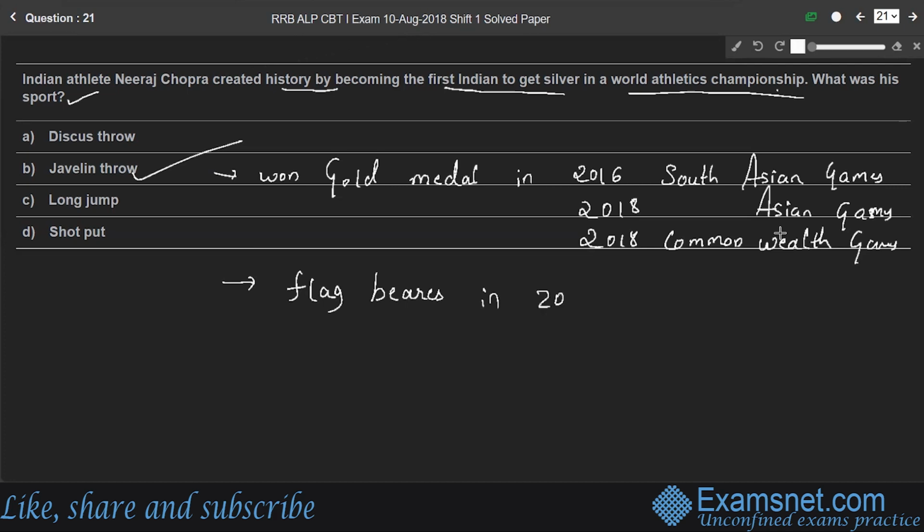He qualified for the 2020 Tokyo Olympics, which were rescheduled for 2021 due to COVID-19. So for the given question, javelin throw, option B is the right answer.